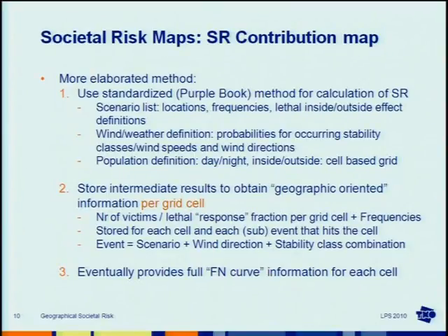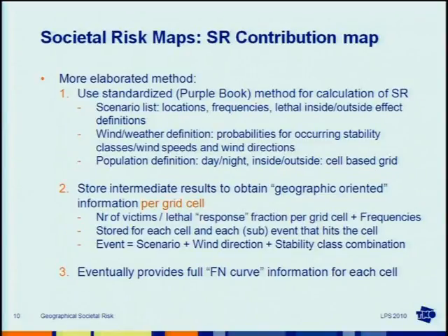You perform the complete calculation, but instead of accumulating all those values into one FN curve by counting frequencies and number of victims, we store those results for every grid cell. Not accumulate all, but remember them for every grid cell.